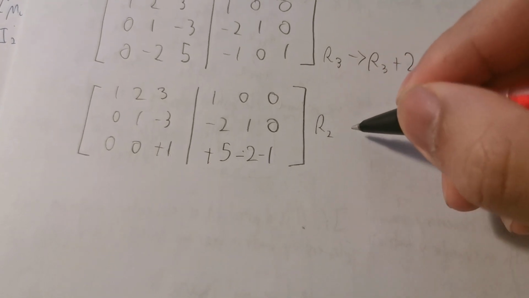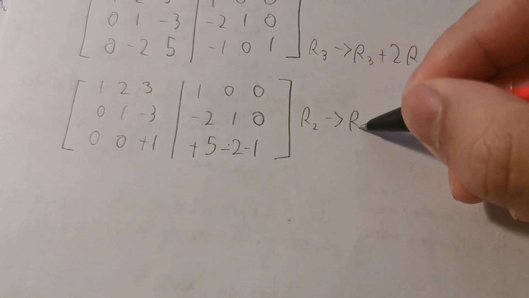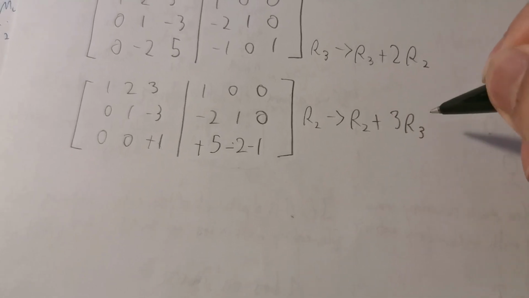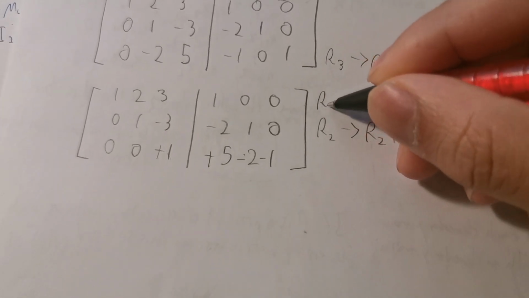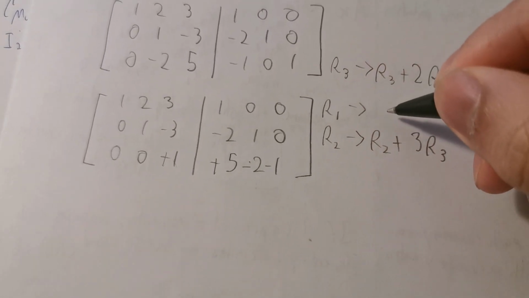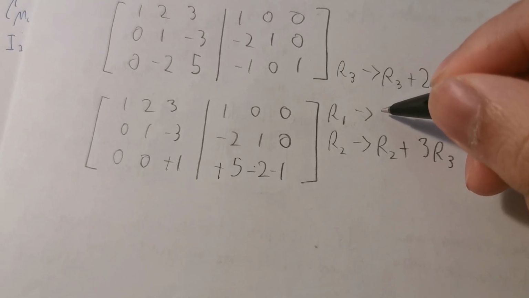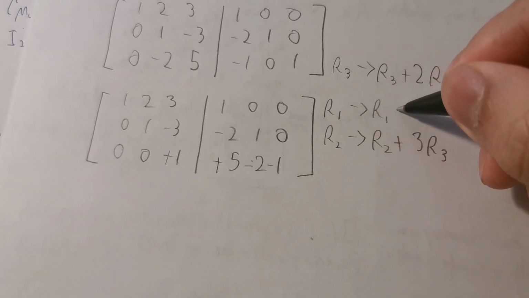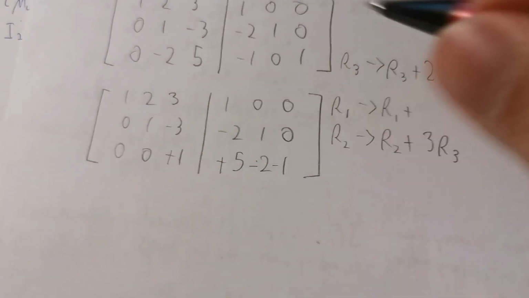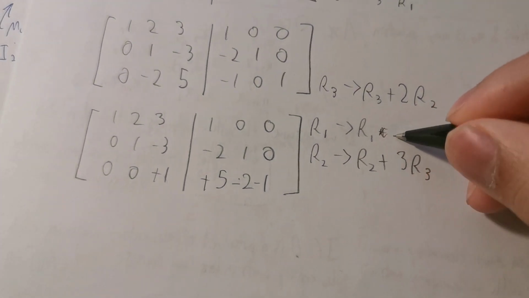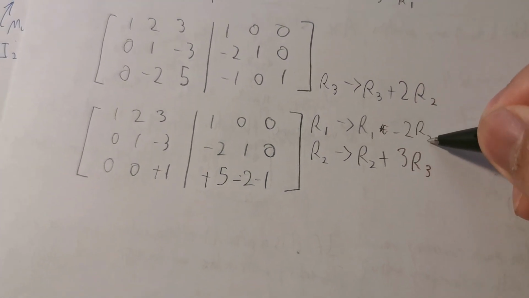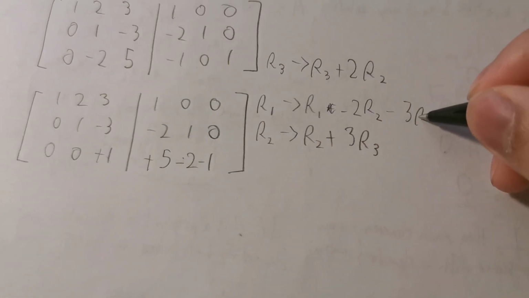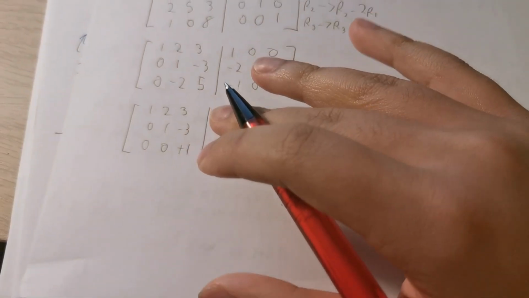So this would be R2 is R2 plus 3 R3, and then R1 is R1 plus what would be minus 2 R2, and what would be minus 3 R3, and I think that should give us our answer.